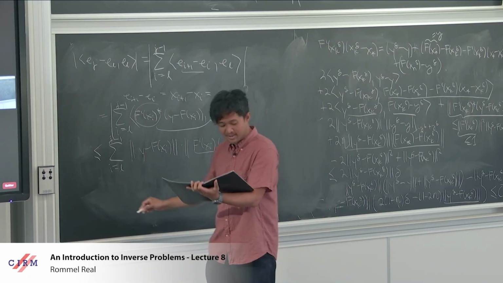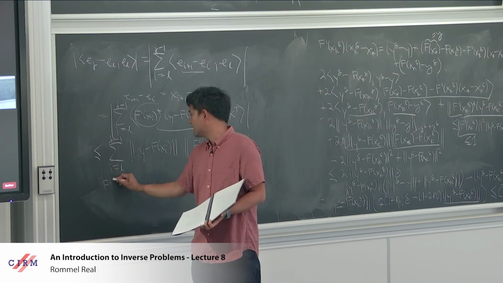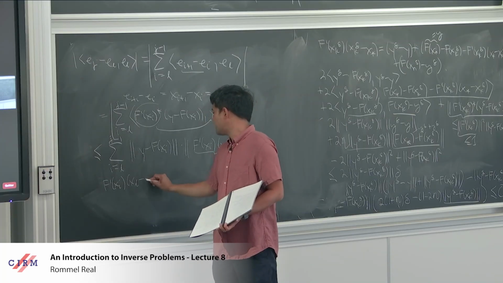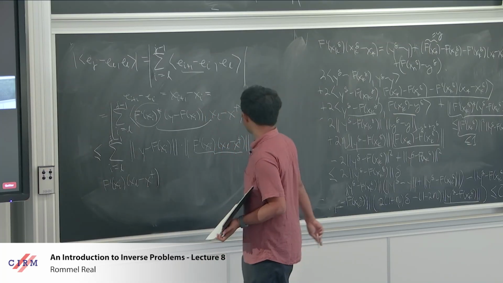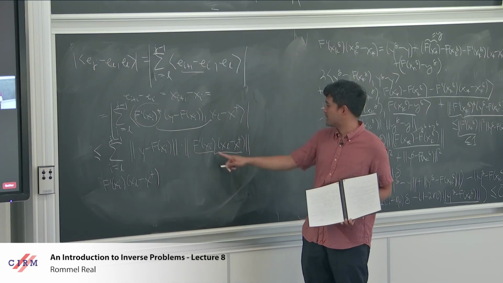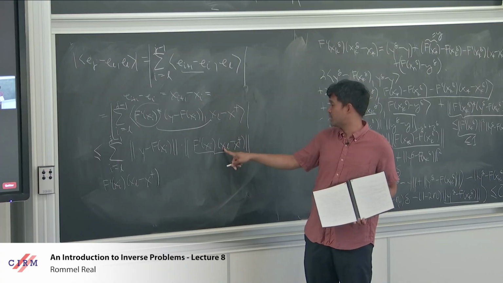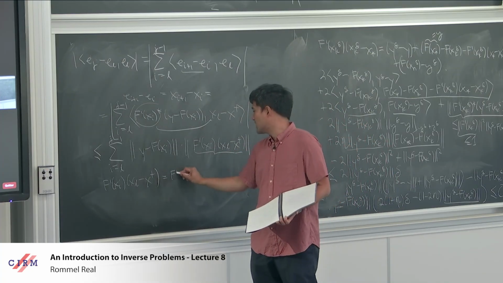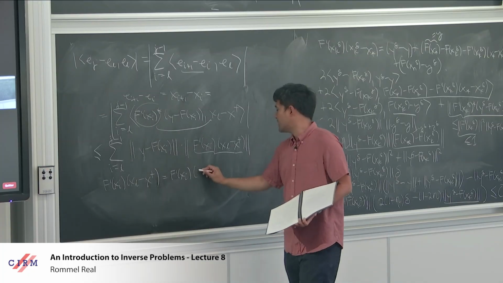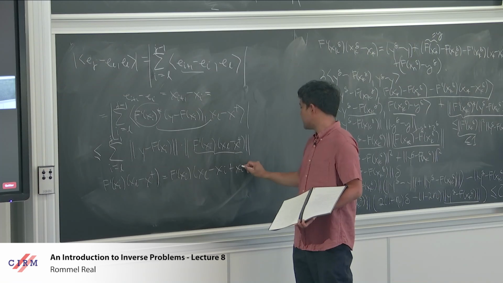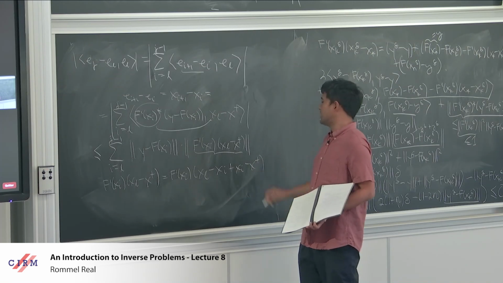If I have f prime of x sub I times x sub L minus x dagger, note that by estimating it this way, it will not make sense because you have x sub I here. So you need a term inside with x sub I. So that's this one, times x sub L minus x sub I plus x sub I minus x dagger.